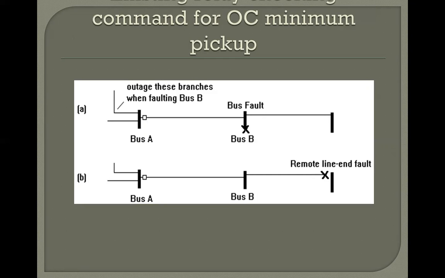The program will also outage the branches behind the relay, to make sure that when you fault bus B, the relay will still pick up. Then on the second picture on the bottom, for the same relay, we want to make sure that it will trip on remote line end faults.